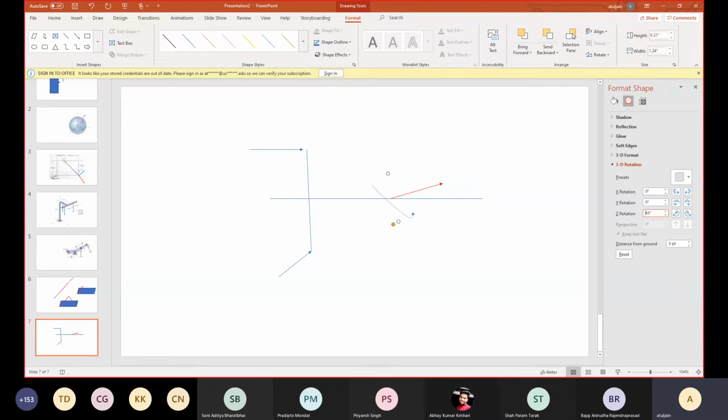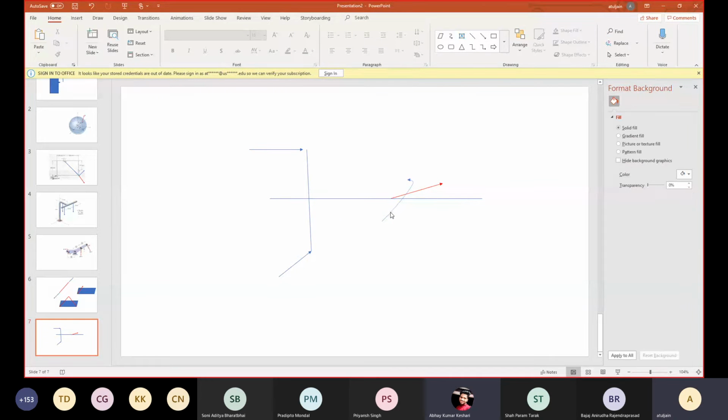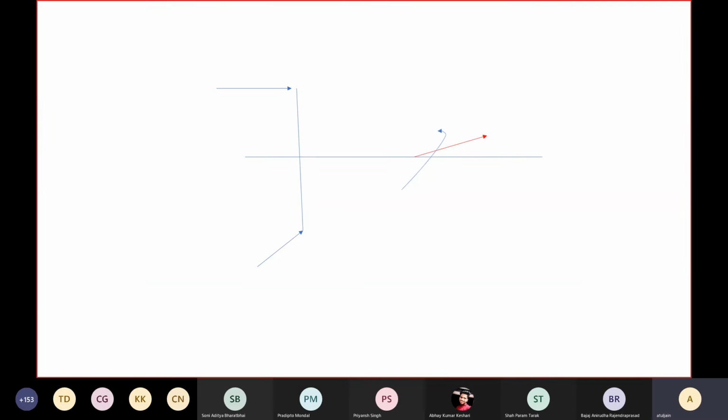There is some force and couple, something like this at point O. You have done this. Let me draw it better.